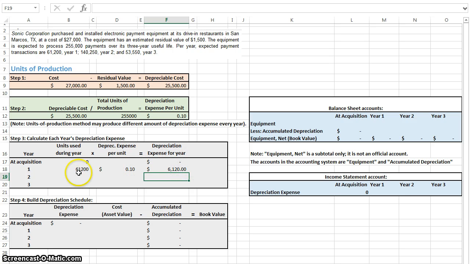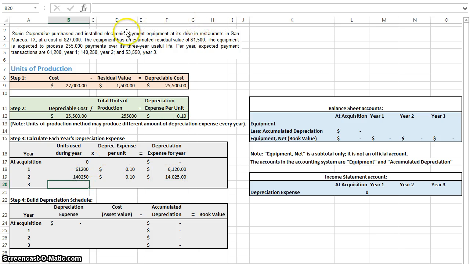Okay. Year two, I used 140,250 payments, 10 cents per payment. Multiply those together, so in year two, my depreciation expense is going to be $14,025.